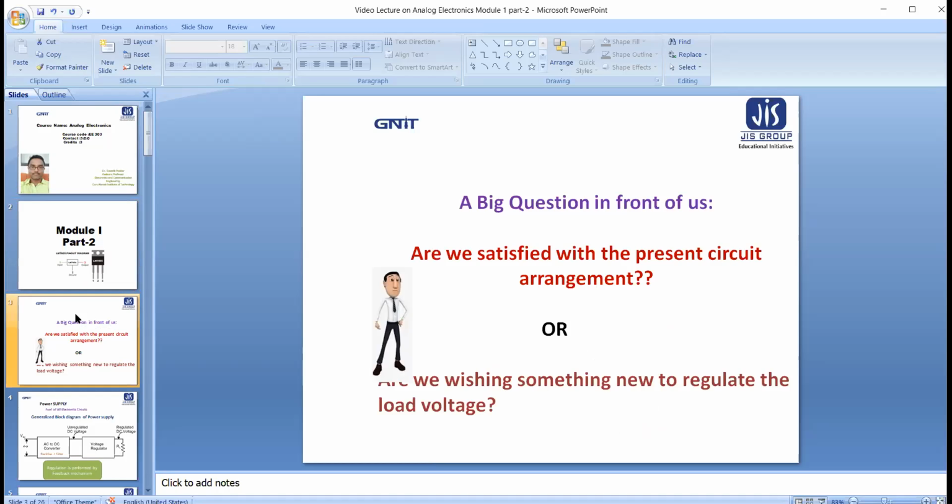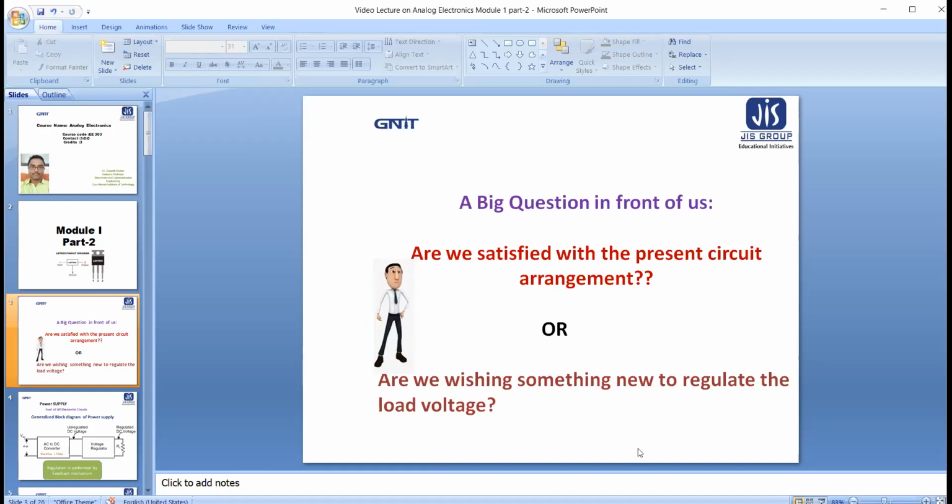Now, a big question in front of us: are we satisfied with the present circuit arrangement? Means if we connect a filter circuit just after the rectifier, are we really satisfied with this, or are we wishing something new to regulate the load voltage?